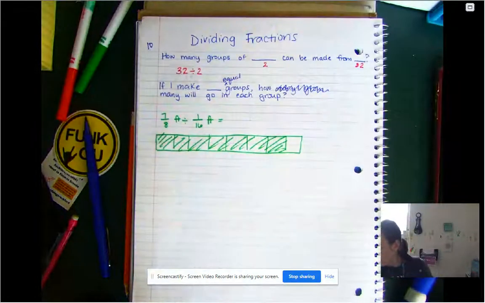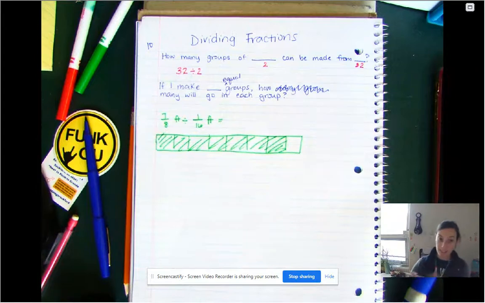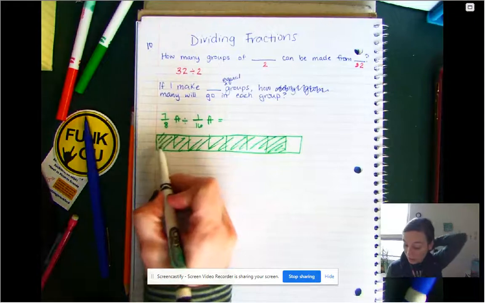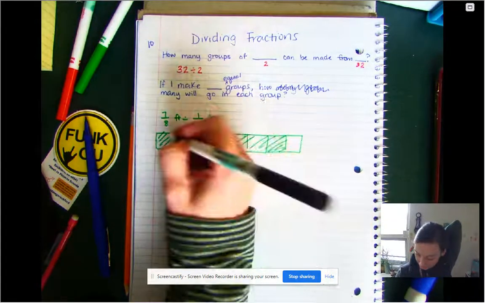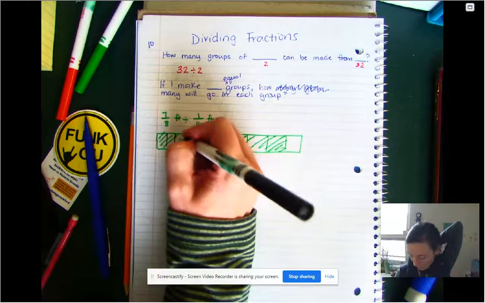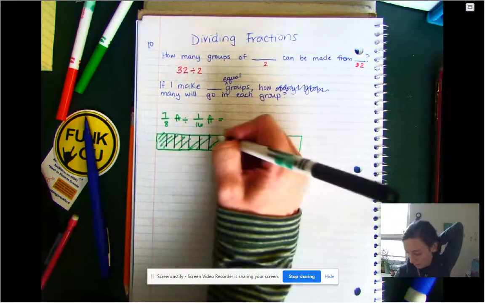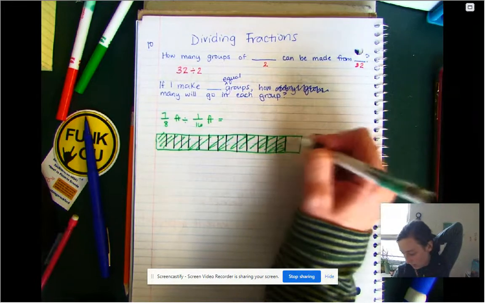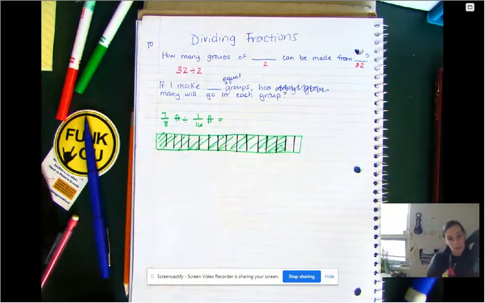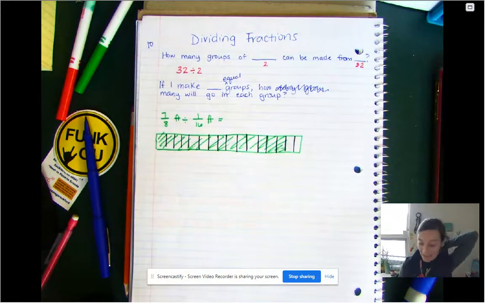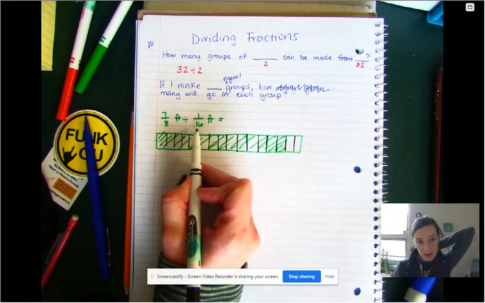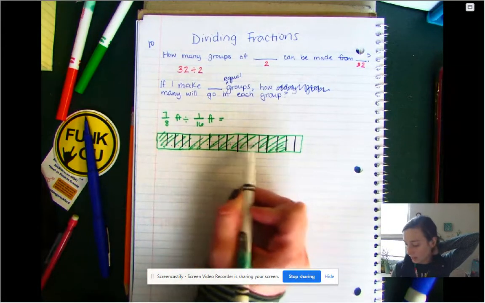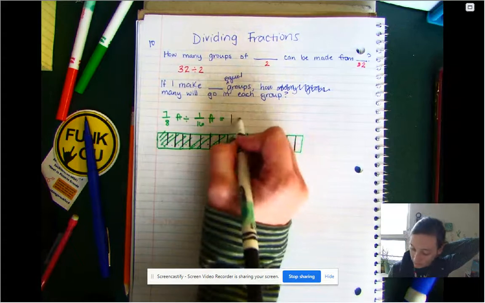Right now these are in 8ths of a foot, and I need to make it 16ths of a foot. So I'm going to split each one in half, so my 1 foot is now 16/16ths of a foot. So the question is, how many of these pieces can I make? And I can make 1, 2, 3, 4, 5, 6, 7, 8, 9, 10, 11, 12, 13, 14 pieces.